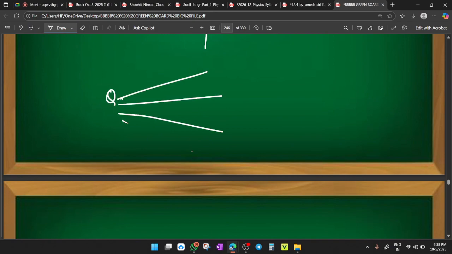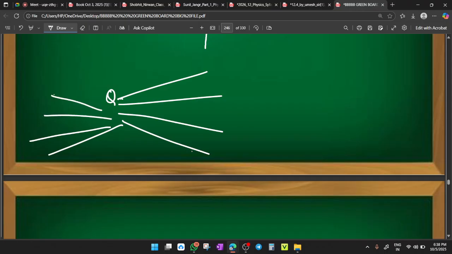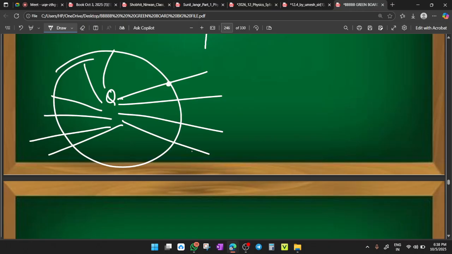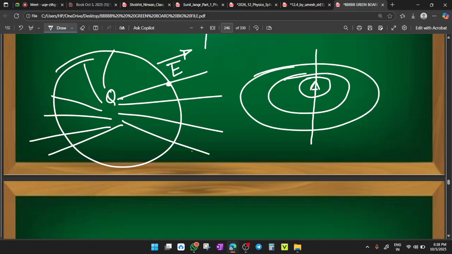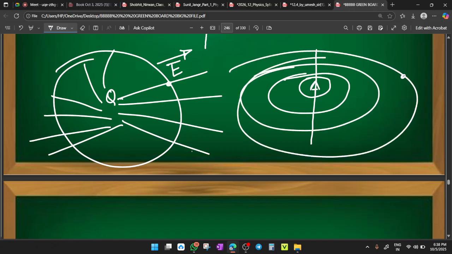So a charge has its own territory up to which it can exert a force. So up to a certain point, the presence of electric field is given by electric field intensity. Likewise, if there is a magnetism surrounding a current carrying conductor or a magnet, then up to a particular point, the strength of this magnetism is given by the B vector at this point. And B vector means the strength of magnetic field, or intensity of magnetic field.